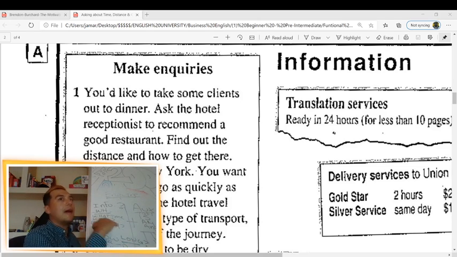O literal ahorita mismo. Tú escoges el auxiliar según en qué tiempo lo quieres poner. Aquí está el presente continuo. Hasta lo podemos cambiar a pasado, si gustas. Si quieres poner tu pregunta en pasado. Sería did. Sería was o were acá, ¿verdad? Solo cambiamos nuestro auxiliar a pasado.